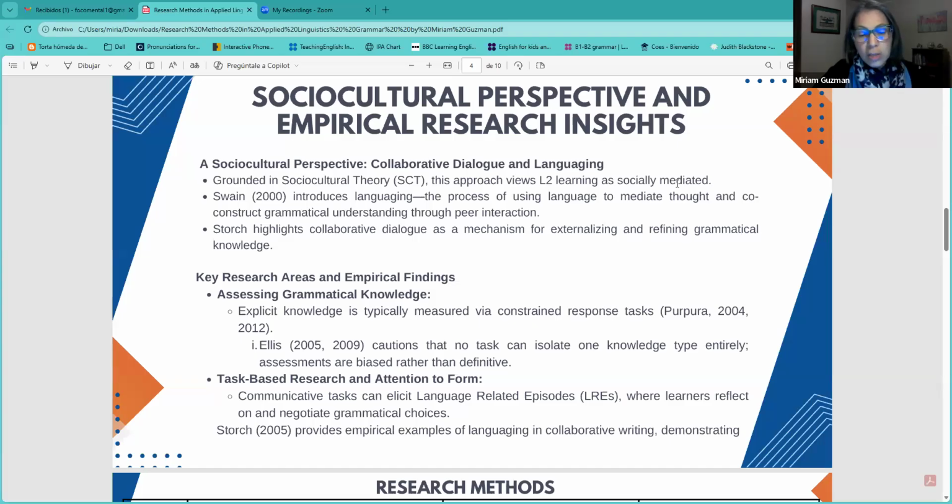Storch 2005 found that collaborative dialogues allow learners to negotiate grammatical choices during writing tasks. This negotiation, sometimes called language-related episodes, LREs, helps learners refine both explicit and implicit knowledge. Therefore, the sociocultural perspective highlights that grammar acquisition is not an isolated process. It is constructed through peer interaction, dialogue, and shared problem solving.